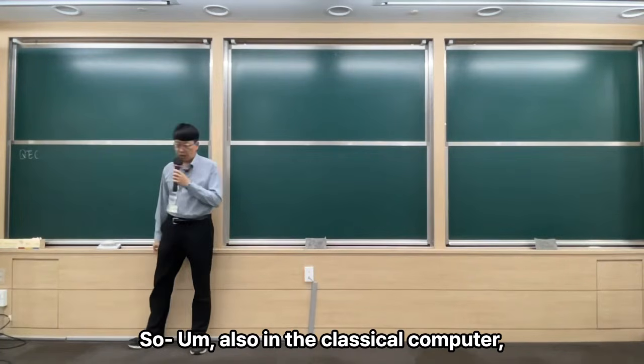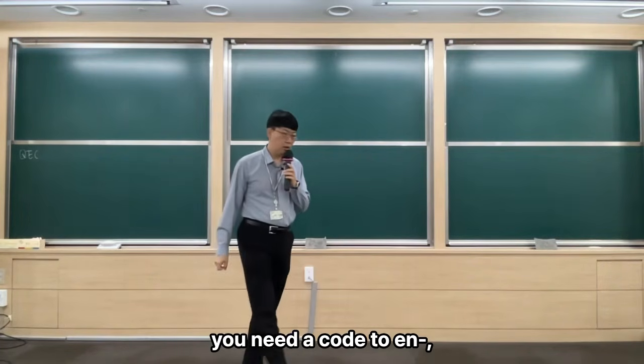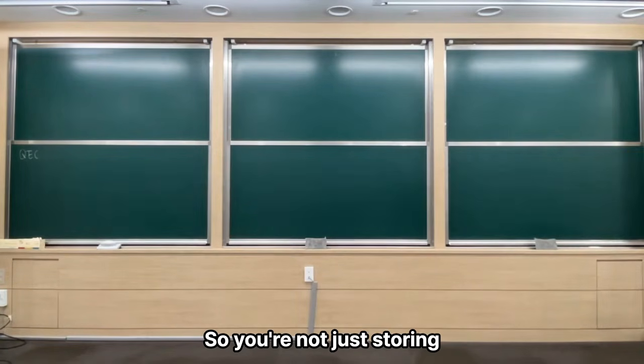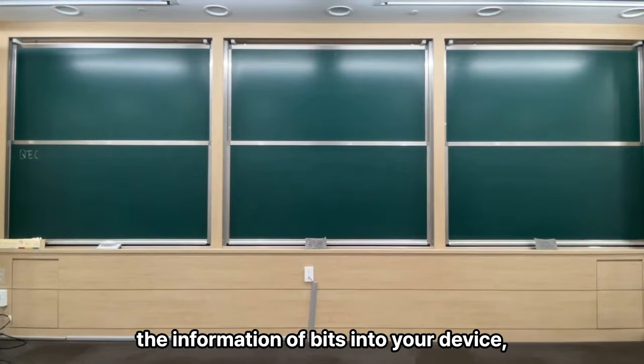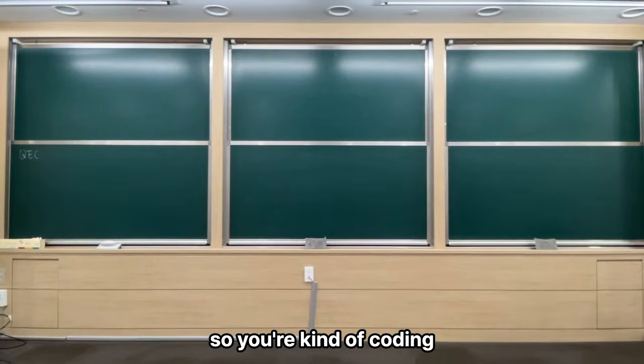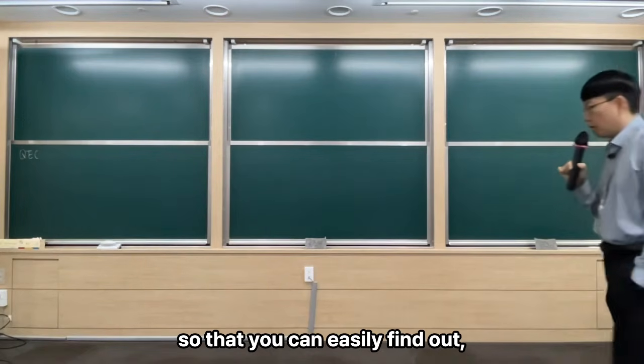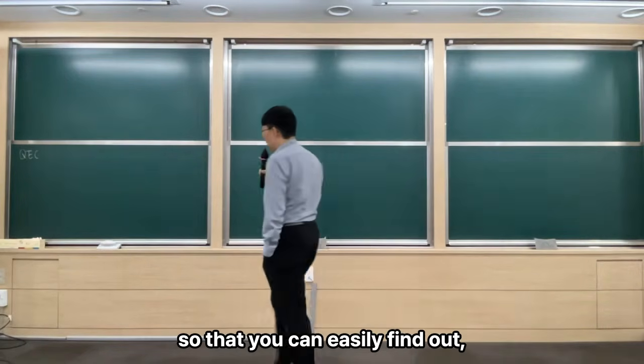Also in the classical computer, you need a code to make an error correction. You're not just storing the information of bits into your device. You're coding your bit information into other types of bits so that you can easily find out errors.